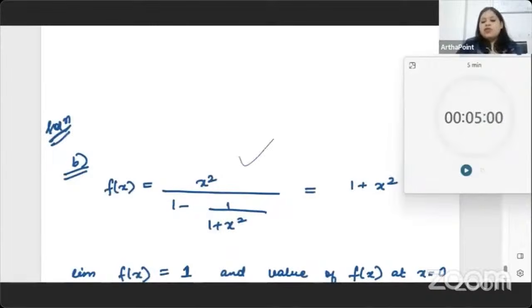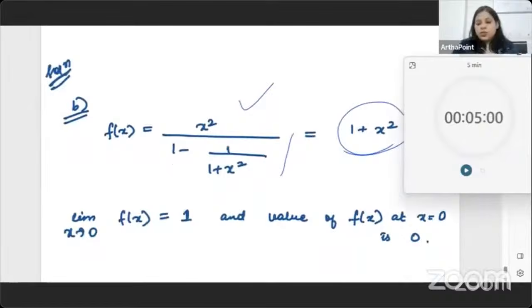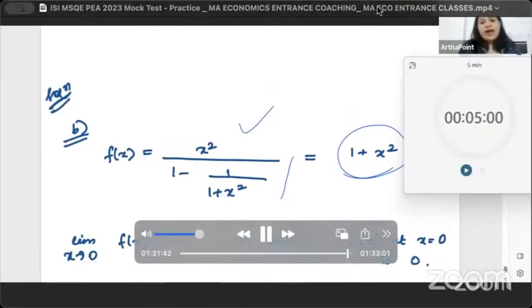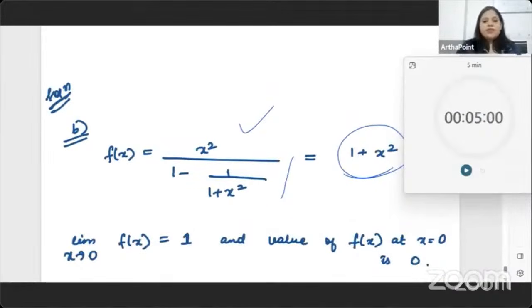If you solve this, you will simply get the answer as 1 plus x squared. Now, if I evaluate this function at x equal to 0, I will get the answer as 1. When I put x equal to 0 in this function, I will get the answer as 1.